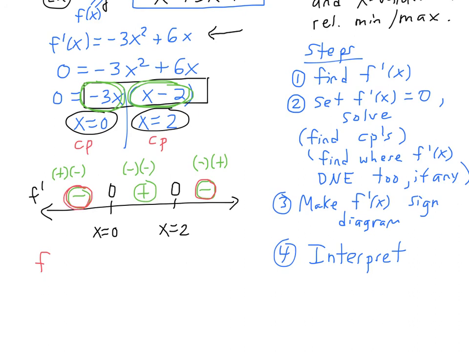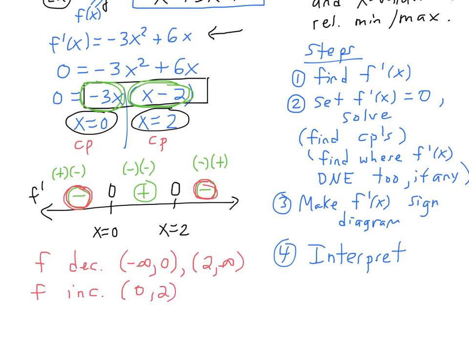So this is telling us that f is decreasing from negative infinity up to the x value of 0, and then again from 2 to infinity. And likewise, f is increasing from 0 to 2. So we're using interval notation there.